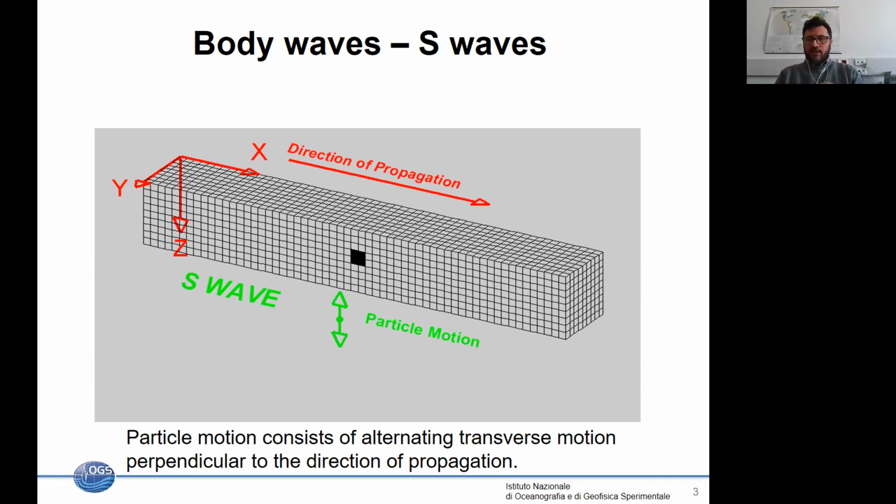Since earthquakes happen in the underground, in the deep part of the Earth, when the waves arrive at the surface, shear waves mainly cause this horizontal movement of the ground. Shear waves have larger amplitudes and are generally the cause of most of the damage that we see and that we register in our building structures.